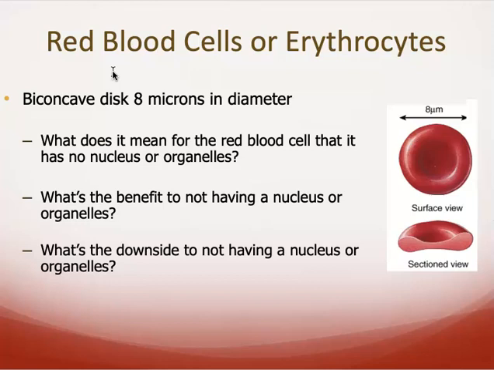And by getting rid of all those organelles and the nucleus, it ends up with this biconcave disc shape, which means that it's kind of floppy in the middle, so it can squeeze through some tight spaces as well. So it allows for flexibility and more efficient oxygen exchange.